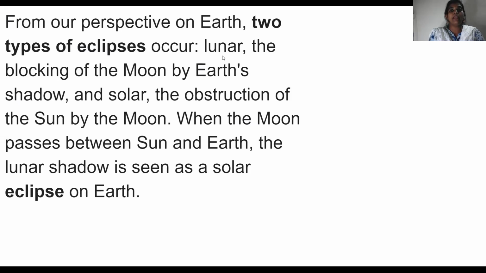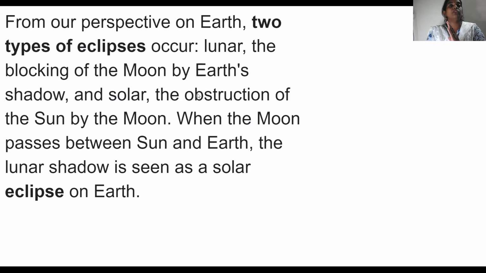Here we have two types of eclipse. I told you, that is lunar eclipse, and another one is solar eclipse. In lunar eclipse, the moon is blocked by Earth's shadow. So which comes in between sun and moon? Earth comes in between sun and moon, and Earth's shadow blocks the moon, right?